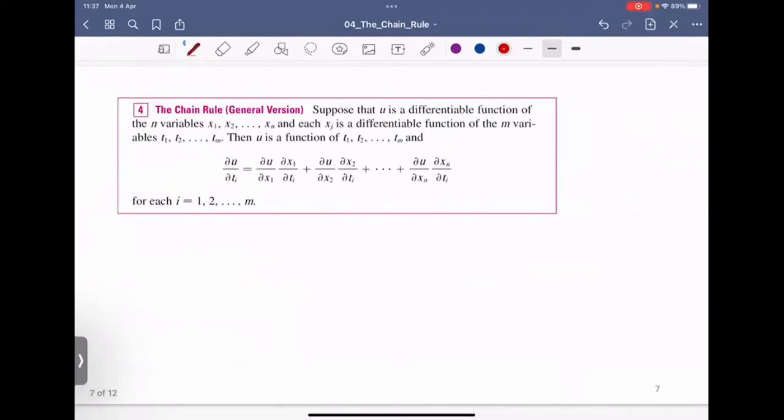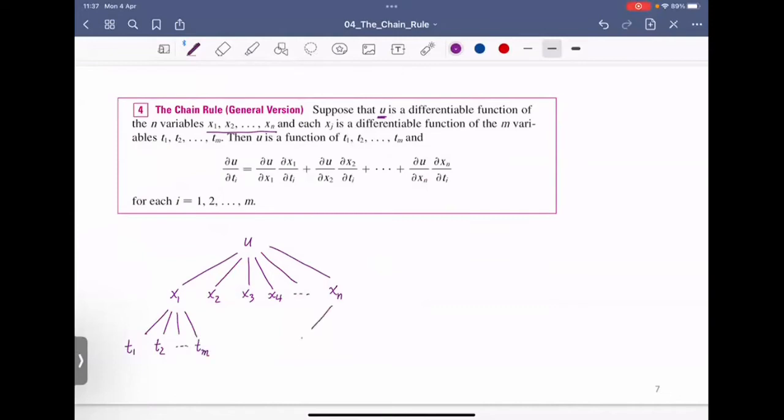So here, this is in general. They say that if u is a function of x1, x2, x3, x4, and so on, up to xn, and each xi here is a function of t1, t2, and so on, up to tm.